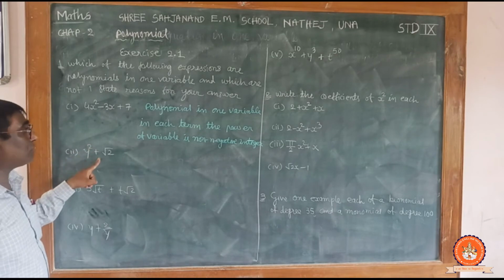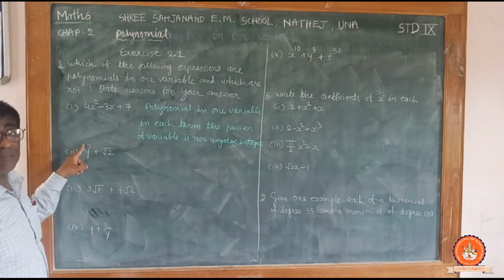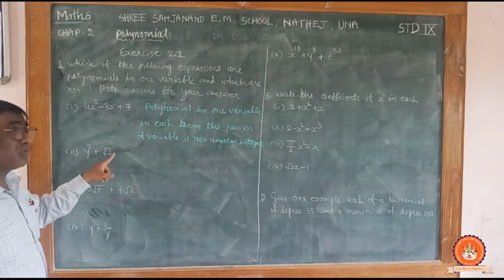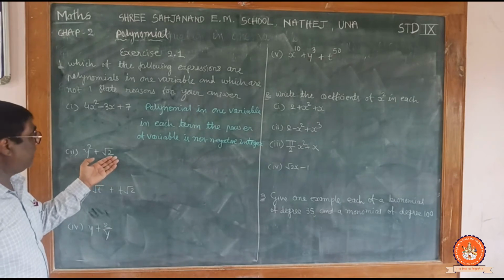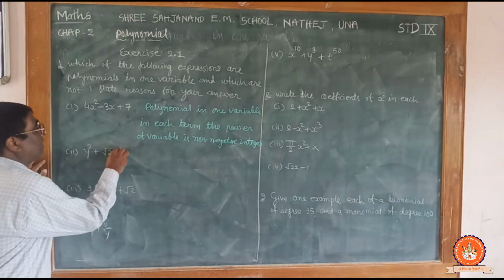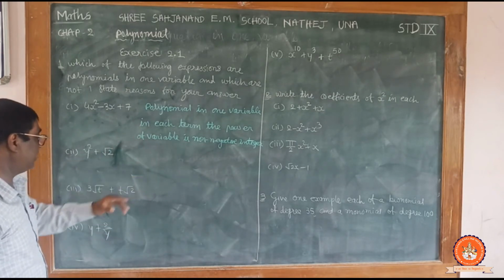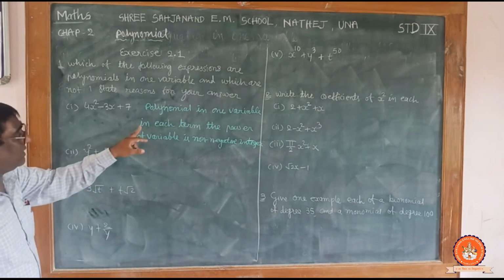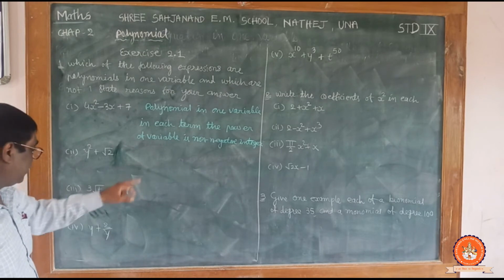So this one is also a polynomial in one variable, because only one variable is here, and the power of the variable in each term is a non-negative integer. Here there is no variable, so no need to check whether the power is a non-negative integer or not; it is x raised to 0, and 0 is a non-negative integer. So in the same way here, in each term the power of the variable is a non-negative integer.